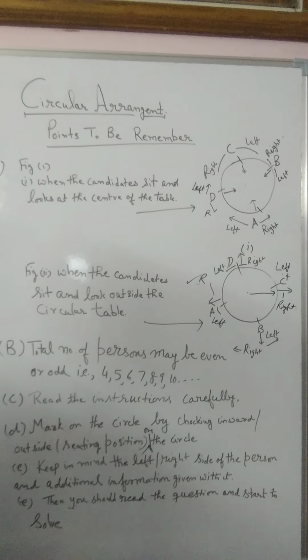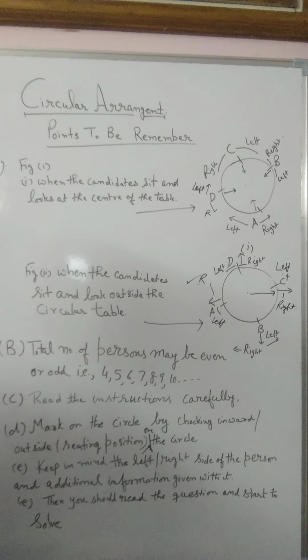Then mark on the circle by checking inward or outside position on the circle. This is important because whenever we solve such questions, we start from a fixed point. That fixed point is the point of success or point of failure. Reading the full instructions is very important for us.